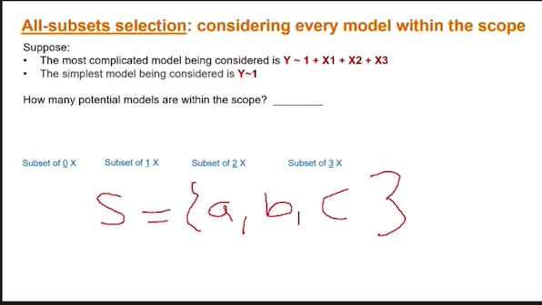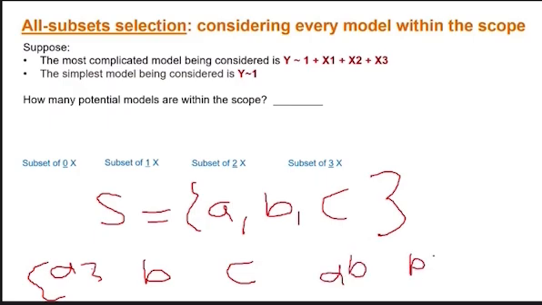Let me tell you this. I can have set A, I can have B, I can have C, I can have AB, I can have BC, I can even have ABC.